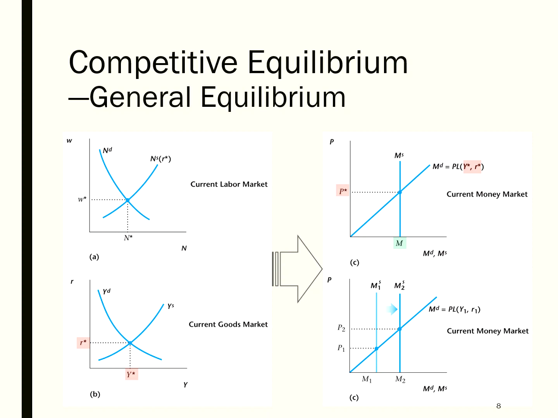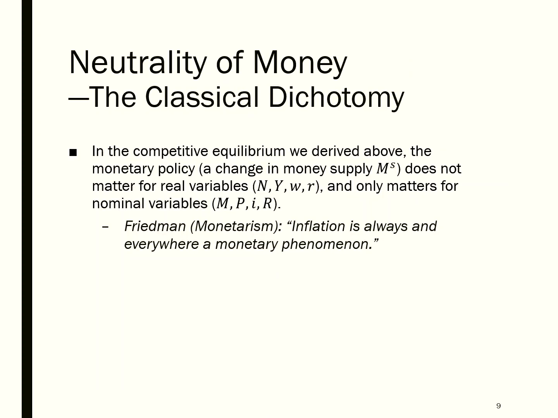However, it has nothing to do with the real side of the economy. As you can see, there is no change on the supply side or demand side in either the labor market or goods market. So anything that changes in the money market will not have any effect on the real side of the economy. And this is what we call neutrality of monetary policy, or dichotomy.